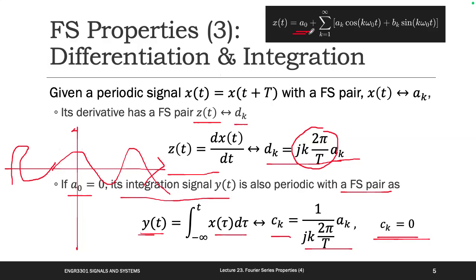If it is positive, it will shift up, and if it is negative, it will shift down. Does it make sense to you? It will become this one, and it is still periodic.